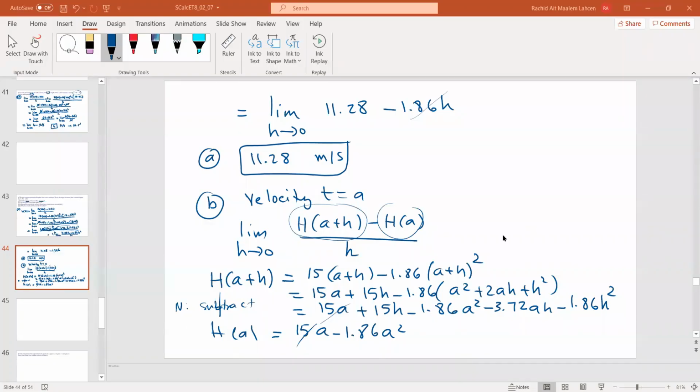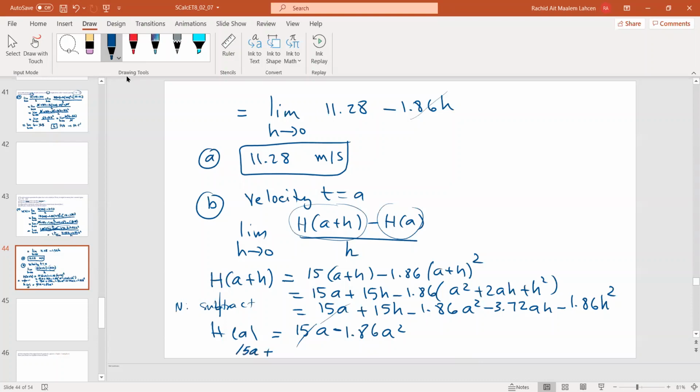Okay, so this one has to become a plus. It is minus, but when you subtract, it's going to become a plus. Because it's 15a, if you write all this and you do minus, let's rewrite it here.